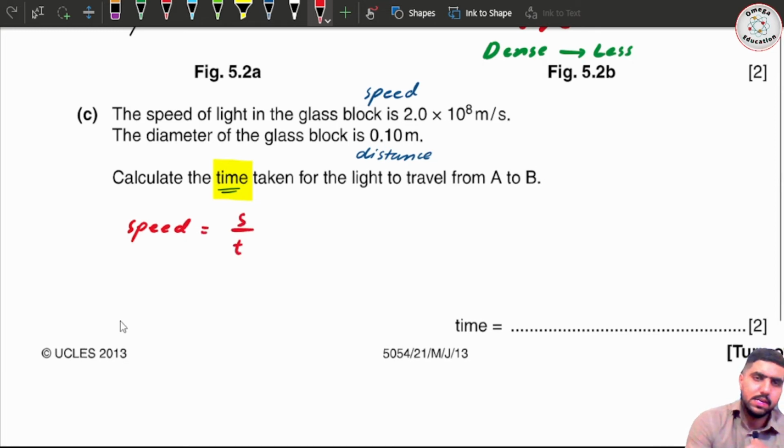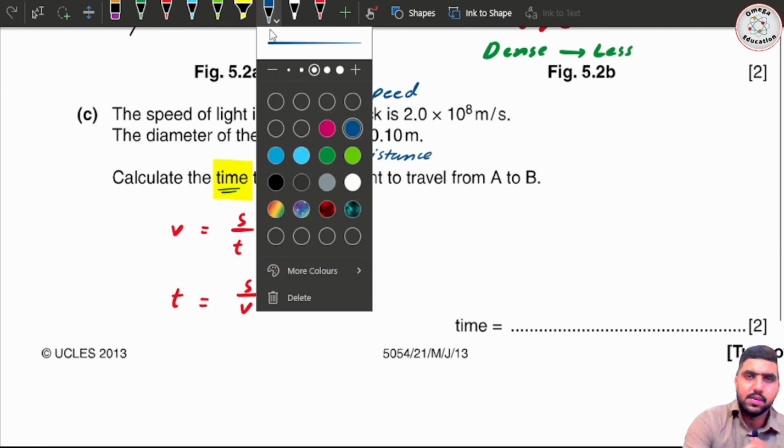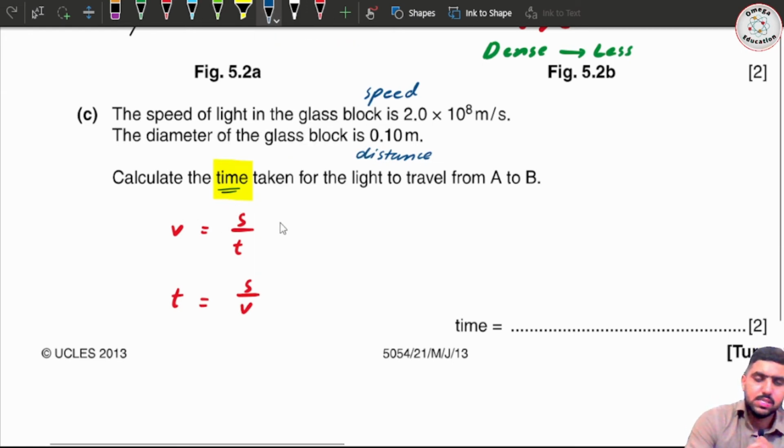Distance is represented by s, speed by v, time by t. Here I can make t the subject, and it would be distance over speed. Then you have to insert the values of distance and speed.